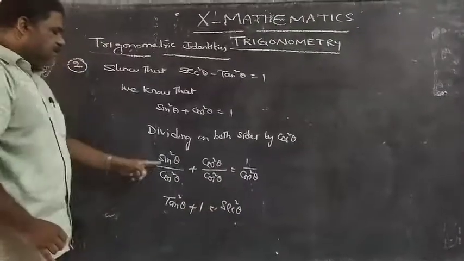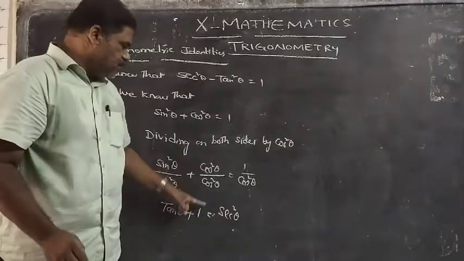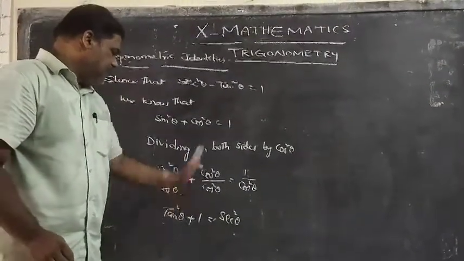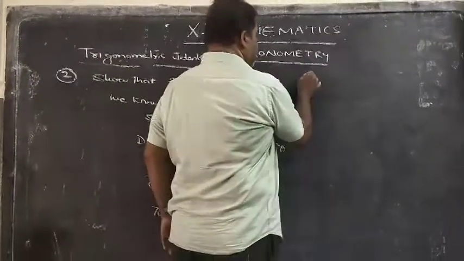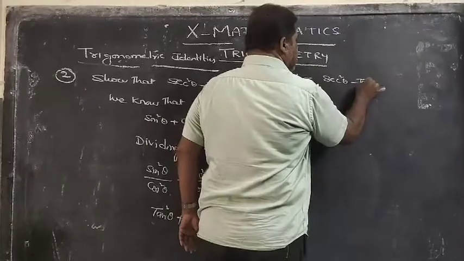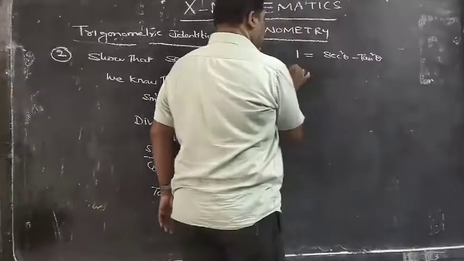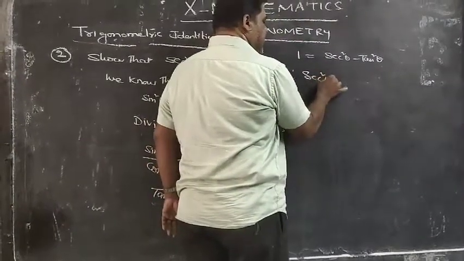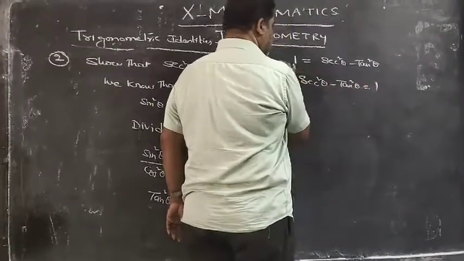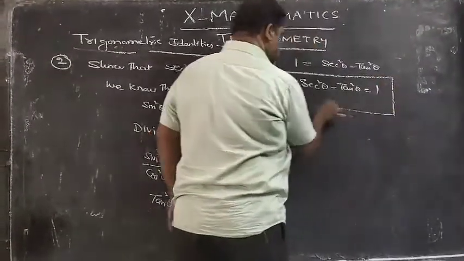So we will get this is tan square theta, this is 1. Reciprocal of cos is secant square theta. So send tan square theta that side, we will get the equal result. So secant square theta minus tan square theta. Therefore, the important second identity is secant square theta minus tan square theta is 1. This is the second one.